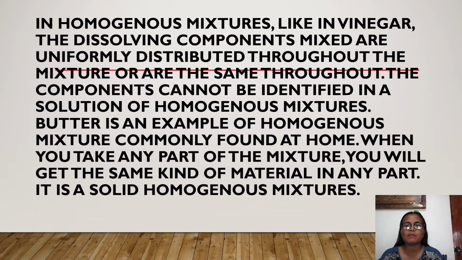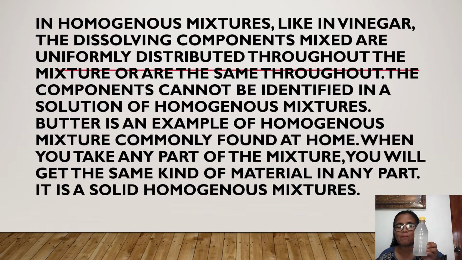In homogeneous mixtures like vinegar, okay, I have here an example of a vinegar. I am not endorsing Dato Puti. It is just the available material here, Dato Puti suka or vinegar.